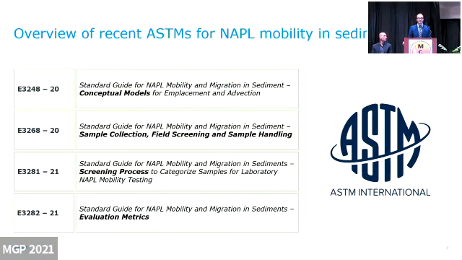ASTM 3268, the focus of this talk, discusses the sample collection side of the equation, and this standard is really well supplemented by ASTM 3281, which discusses a detailed procedure for logging NAPL presence in sediment cores and then categorizing them for NAPL mobility analyses. And lastly, the threshold metrics that Mike discussed was the last standard related to advection mobility.